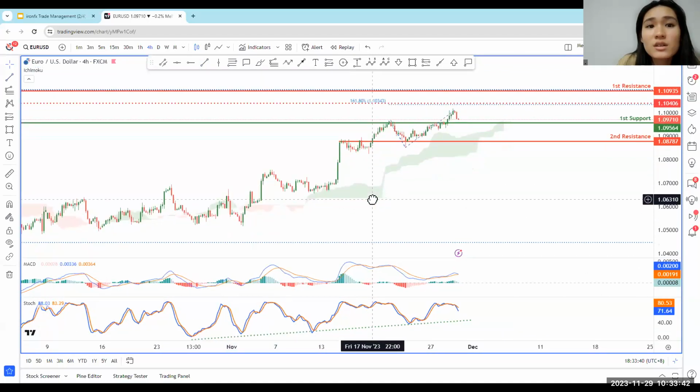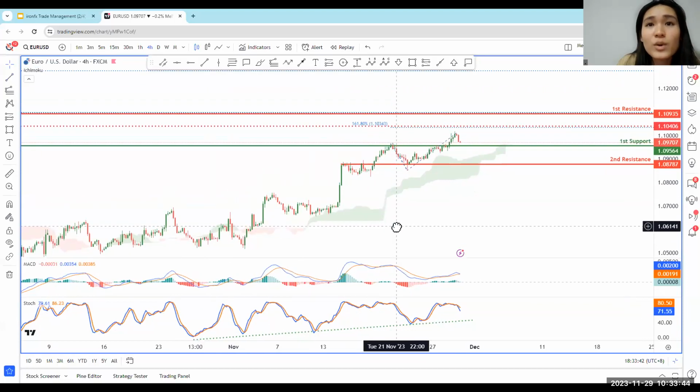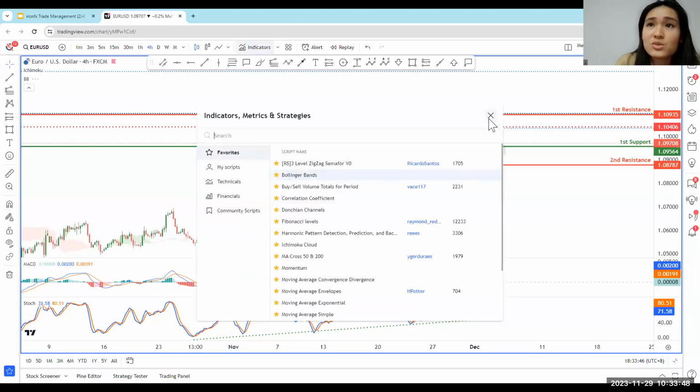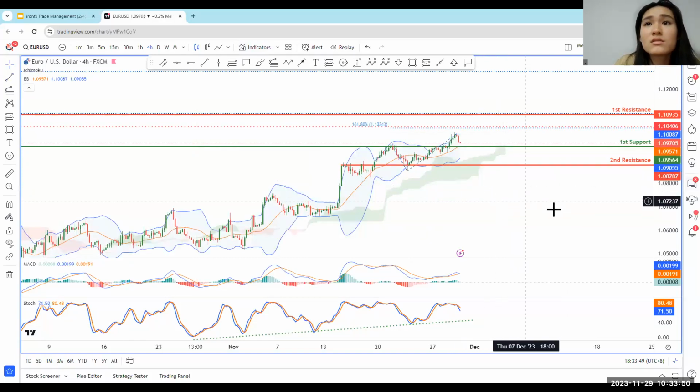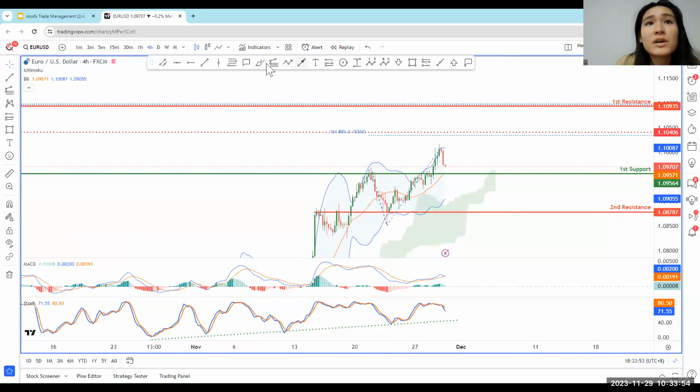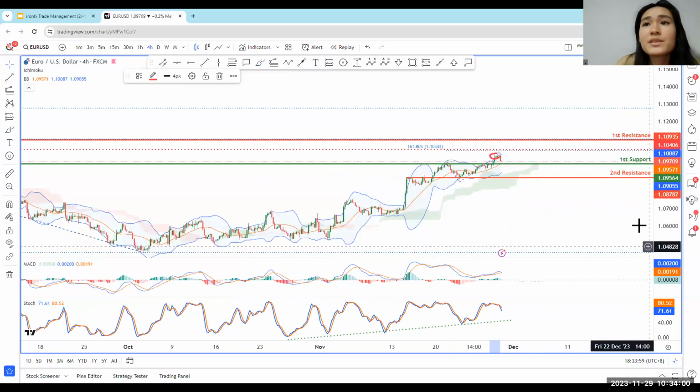Stochastic is giving us a bullish signal as well. Maybe let's look at Bollinger as well. We can see Bollinger breaking above the upper band, so it is also giving us a bullish signal.